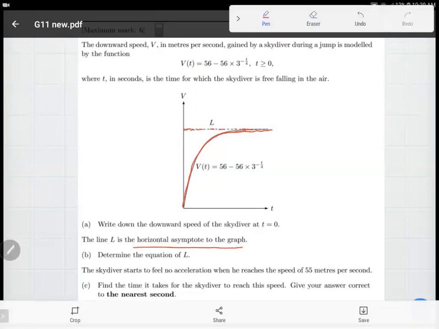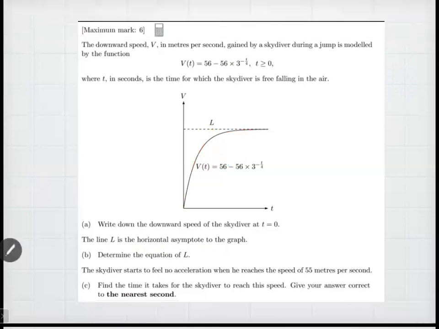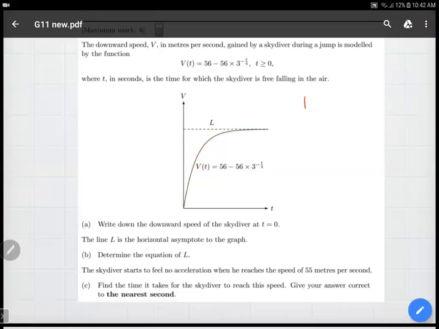For this number, we don't need to do any kind of calculation because we know that the general form of the exponential equation is, sorry guys, the general form is k times a power x plus c.